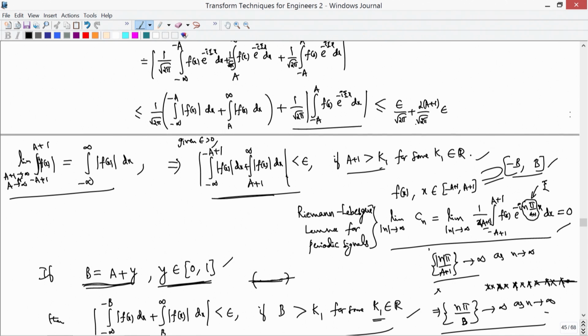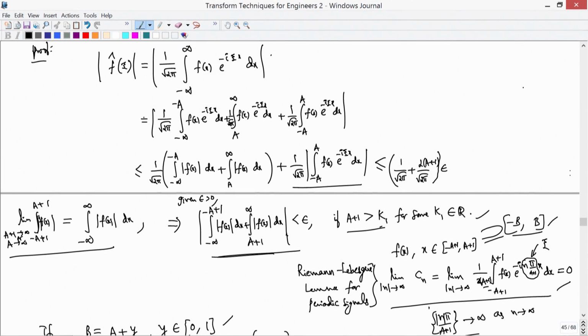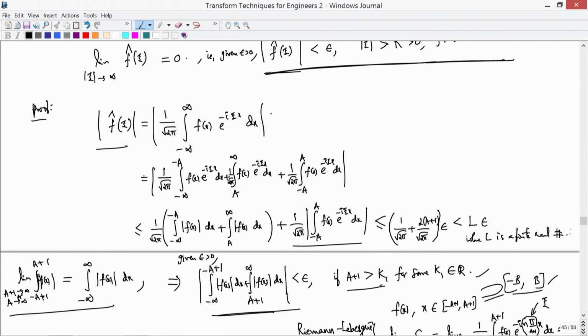So this is a fixed finite number into epsilon. What you have proved is some fixed number, let us say L, into epsilon, where L is a finite real number. So that means the modulus of this quantity I could make less than epsilon.